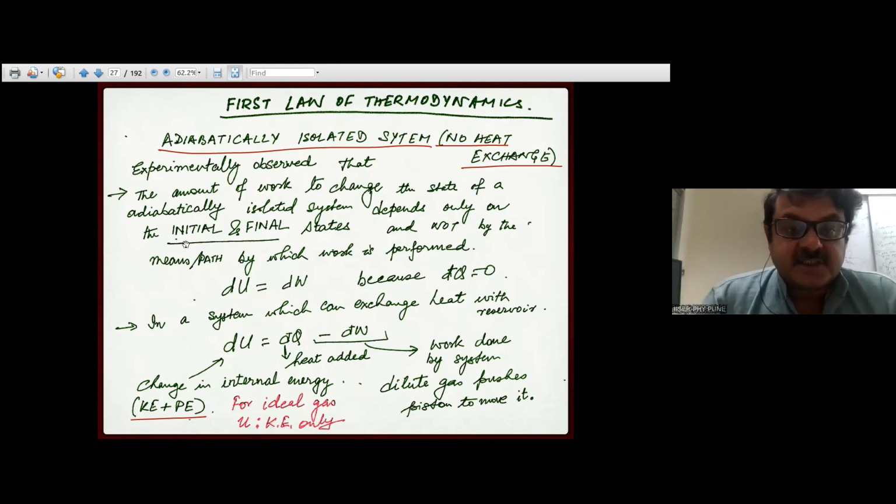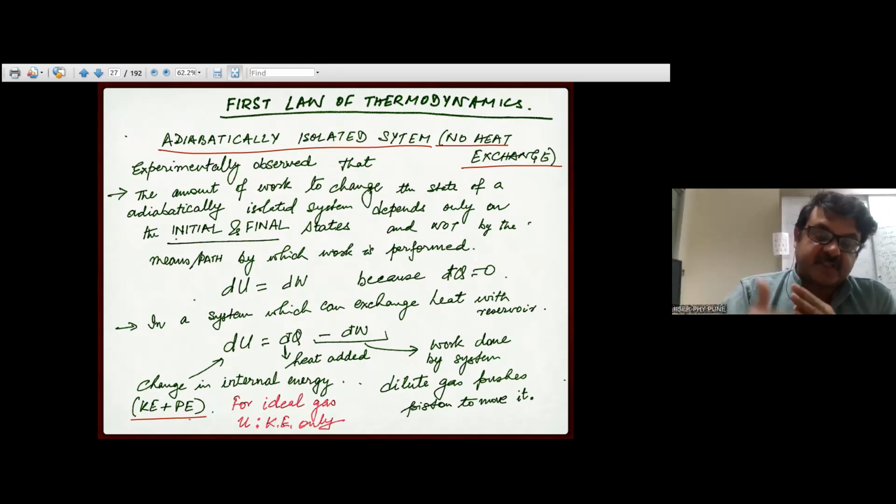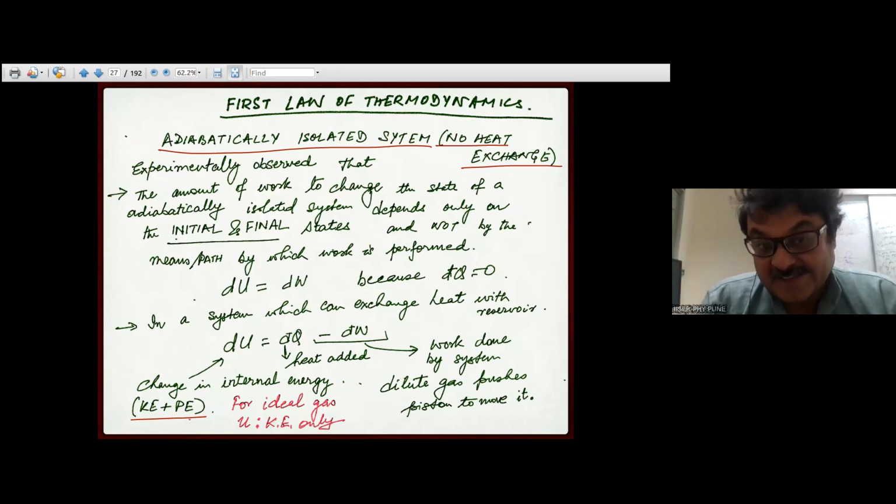Which means that dU, the change in internal energy, is equal to dW. This is only the configurational work done by the system or on the system, no dissipation, and that's because dQ equal to 0. So if there's work done on the system, if we compress it, its internal energy will increase.